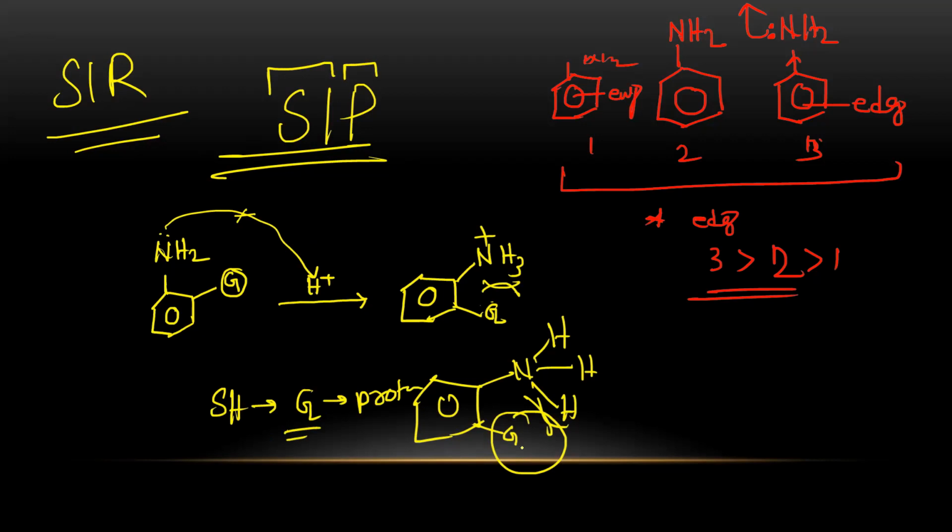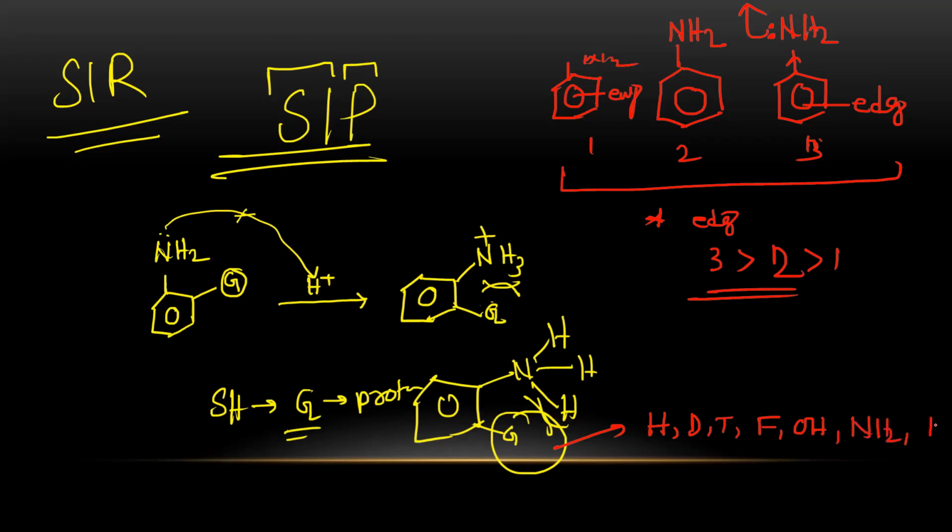Now, if this G group is not bulky, if it is a small group, then there will be no steric inhibition of protonation. Then very finely, the hydrogen can add up here and the protonation can occur. So how will we decide which groups are more bulky or less bulky? If the G group is hydrogen, deuterium, tritium, fluorine, OH, note them down, okay?